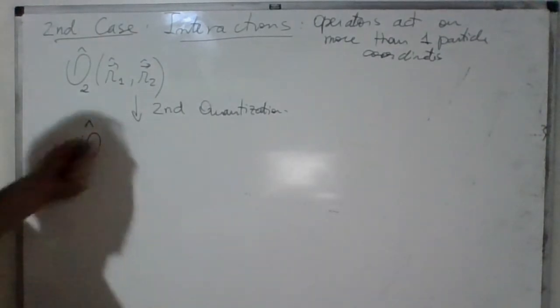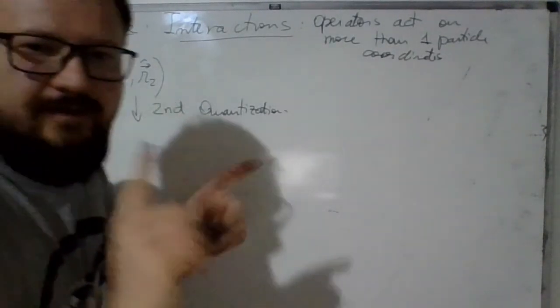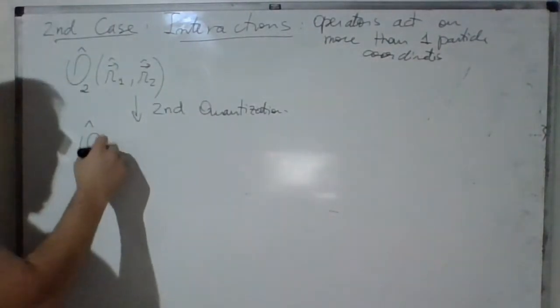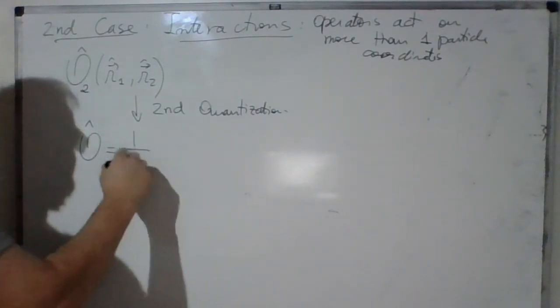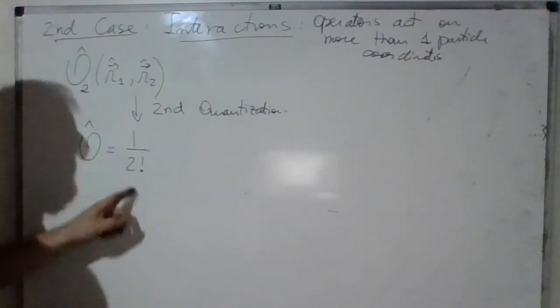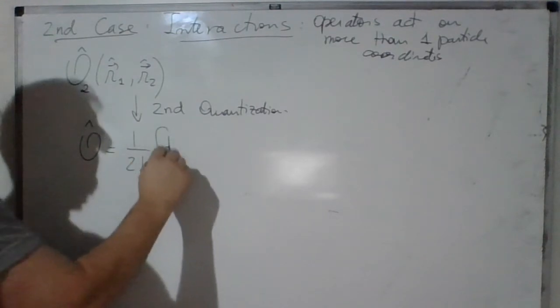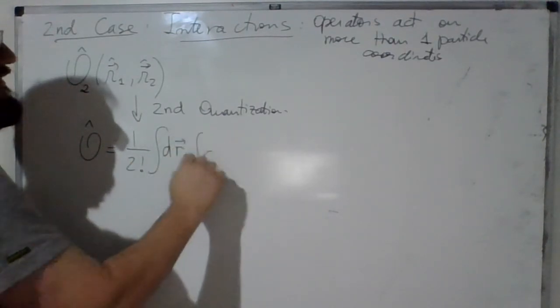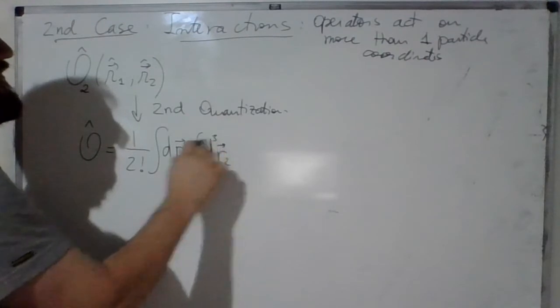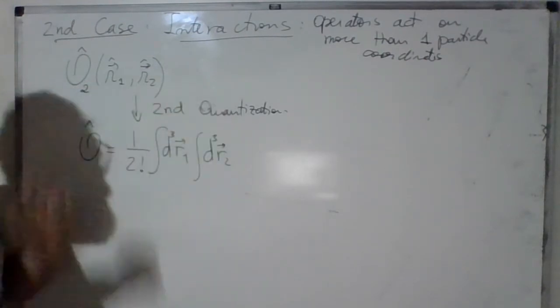Well, these operators corresponding to interactions in the second quantized version, you just need to multiply by 1 over 2 factorial. You integrate over the coordinates of the two particles over the d-dimensional space.